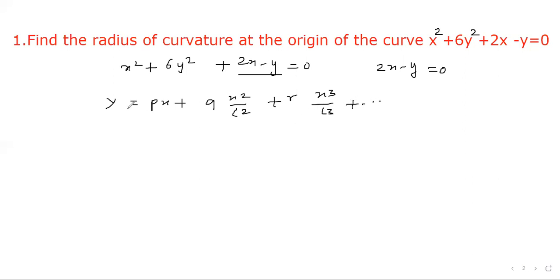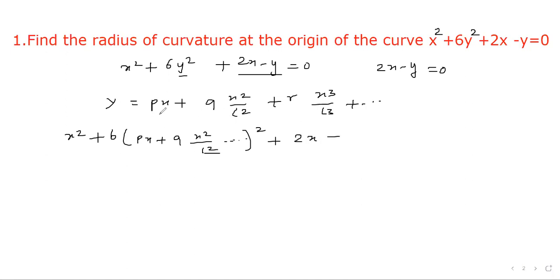So if we put this value of y here, we will get x squared plus 6 times (px plus q times x squared upon factorial 2 plus r times x cubed upon factorial 3 and so on) whole squared, plus 2x minus y.